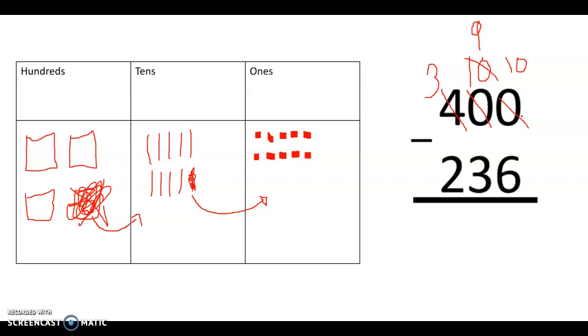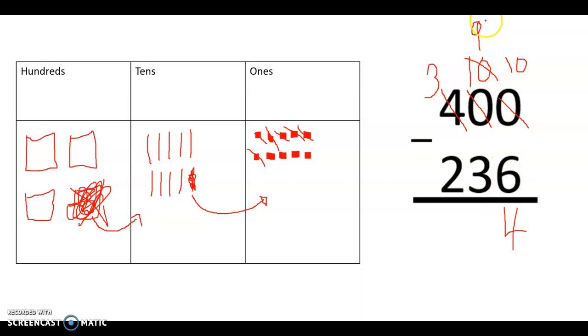It's no longer a 10 because I had to move one of those 10s over here to my ones place. Now, after all that borrowing, I am ready to subtract from my ones place. I have 10 on top after I've regrouped and borrowed. So now I can subtract my 6 ones from 10. 10 minus 6. So I can take away 6 of these ones, and I have 4 left.